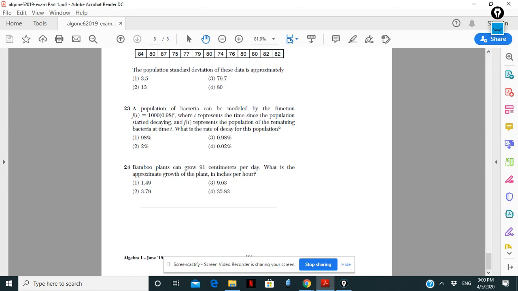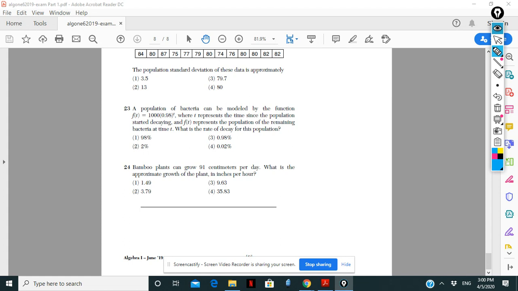Question number 23. We're almost at the end now. A population of bacteria can be modeled by the function 100 times 0.98 to the power t, where t represents the time since the population starts decaying, and the function represents the population of the remaining bacteria. What is the rate of the decay?